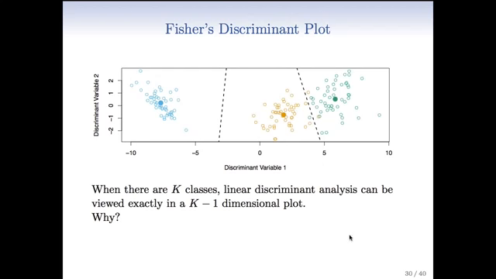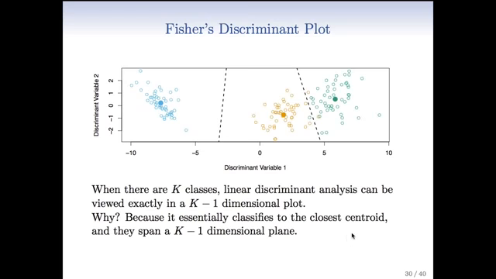Because you've got 3 classes, what Fisher's linear discriminant analysis, or Gaussian LDA, is really doing is measuring which centroid is the closest. But it's measuring it in a distance where it takes into account the covariance of the variables. But ignoring the covariance for a moment, the 3 centroids actually lie in a plane, a subspace of the 4-dimensional space.